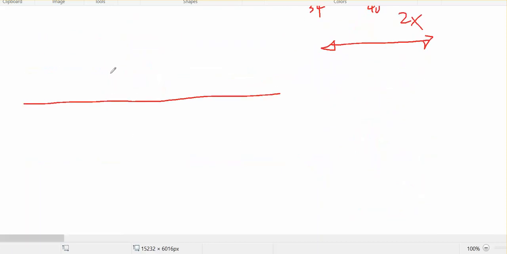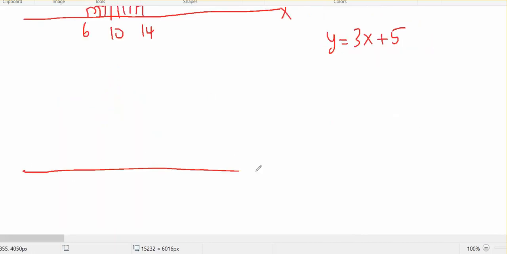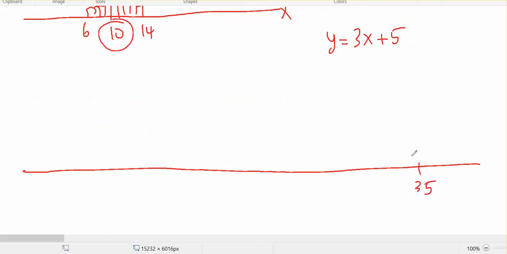If I was to consider x to be centred at 10, and that goes up to about 14, and that goes down to around about 6, and I did y equals 3x plus 5, then I would expect that my mean would get multiplied by 3 to get to 30, and then go out to 35.